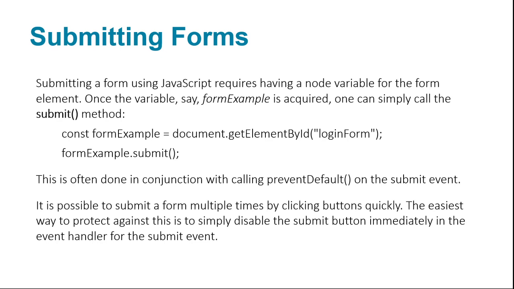So by using it in conjunction with the .submit method, you can disable the submit button, and if the form is submitted already, do a prevent default on that submit button to stop it from happening again.